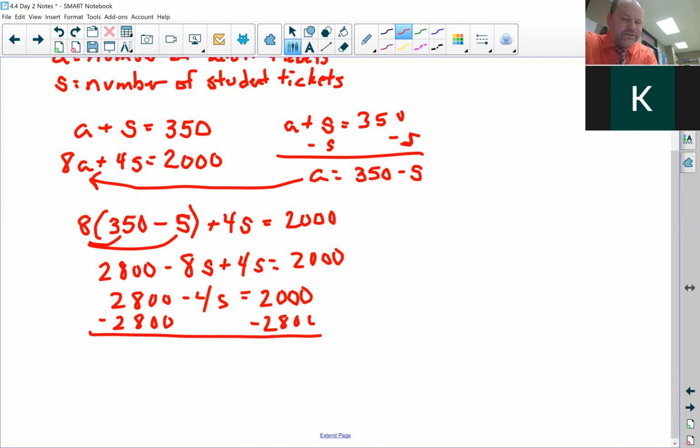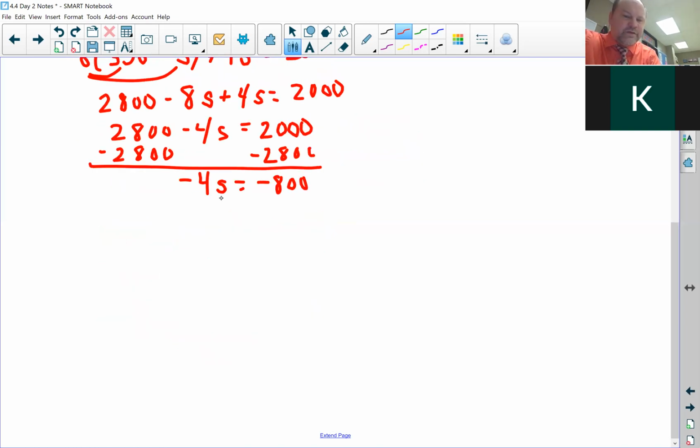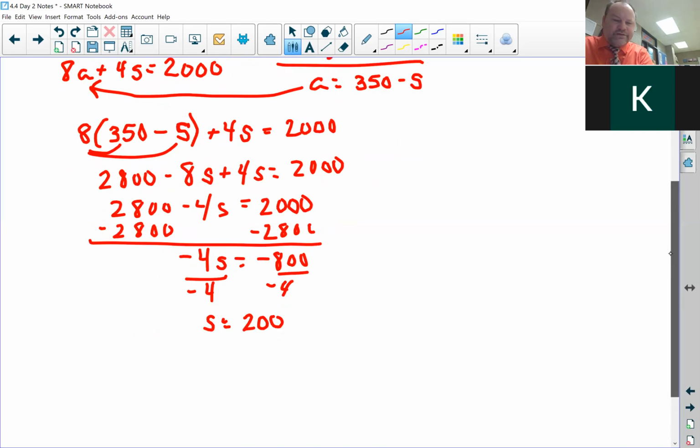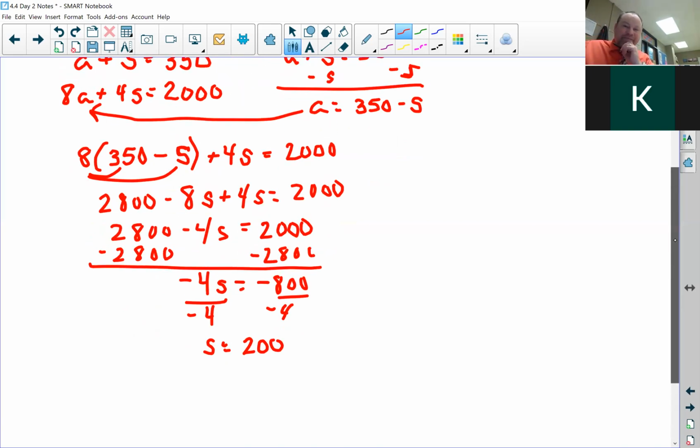Now be careful, I still have that negative with the 4S. And divide by negative 4. So I have S equals 200.